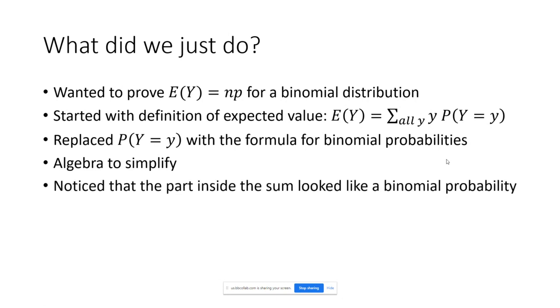And then we noticed that the part inside the summation looked kind of like a probability from a binomial distribution. We noticed that it looked like a constant times p raised to a power times q raised to a power. And we did algebra to make it look more like that. So that was the substitution of variables we did with z equal to y minus 1 and m equal to n minus 1.